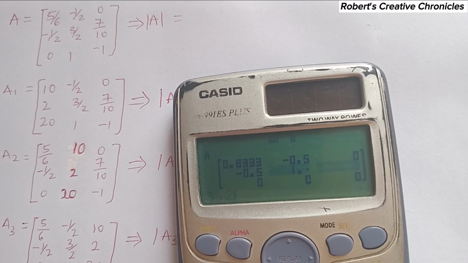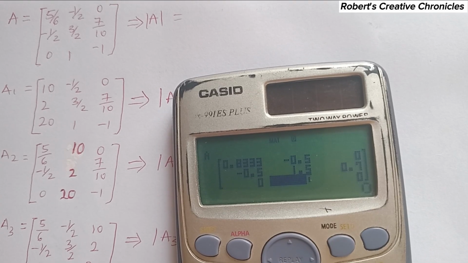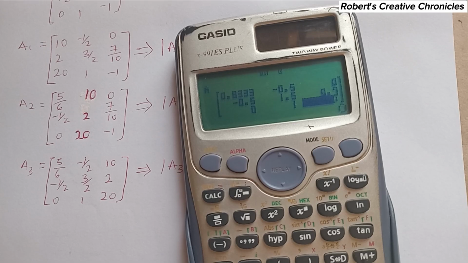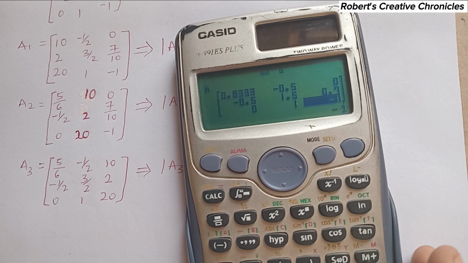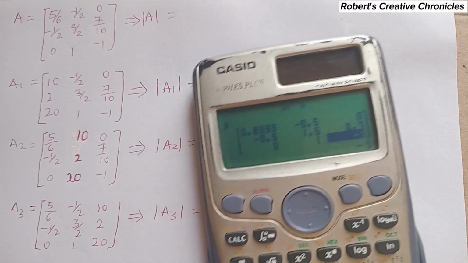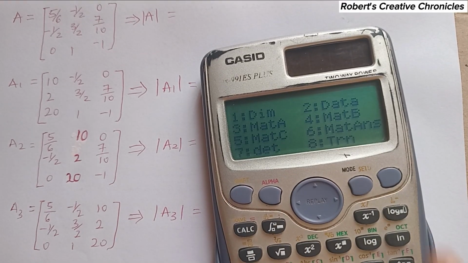3 over 2, 7 over 10, 0, 1, and negative 1. So we'll just save this one directly and just find the determinant.